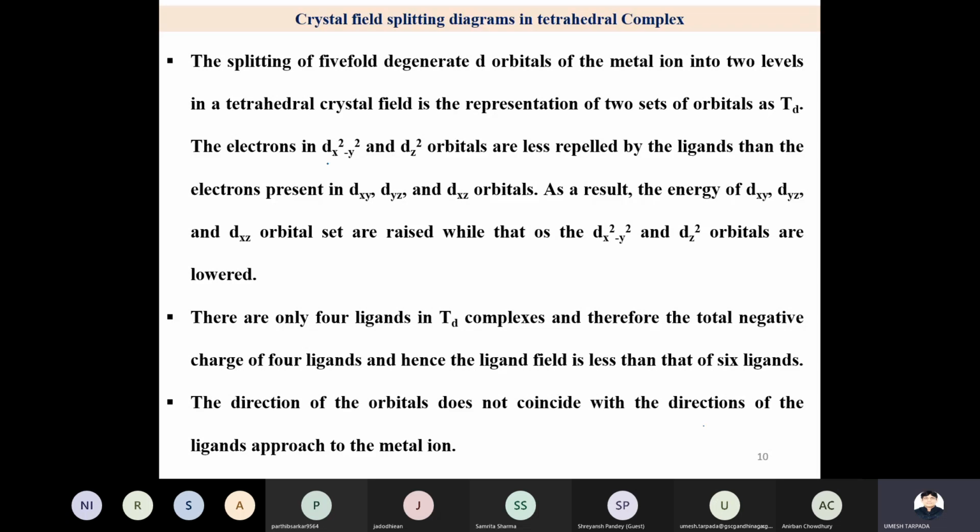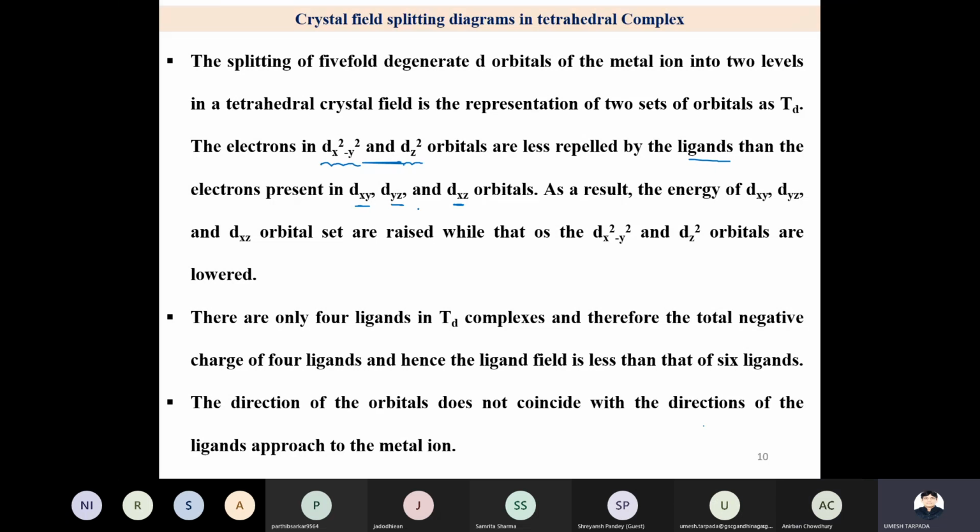Now here, electrons of dx2-y2 and dz2 orbitals are less repelled by the ligands as compared to electrons of dxy, dyz and dxz orbitals. See, in the previous case it was opposite.